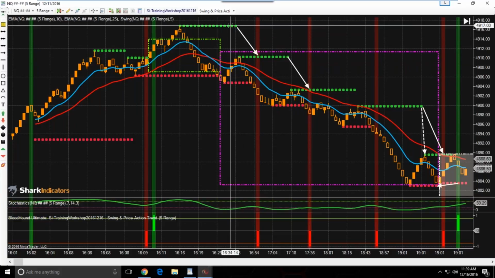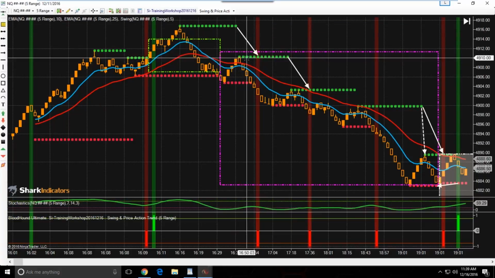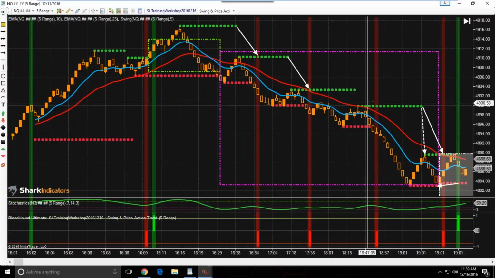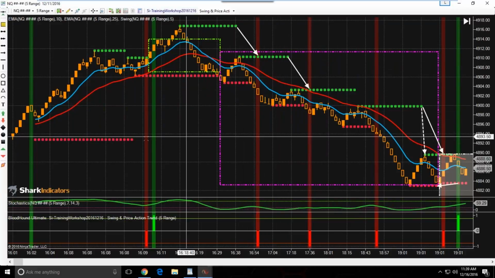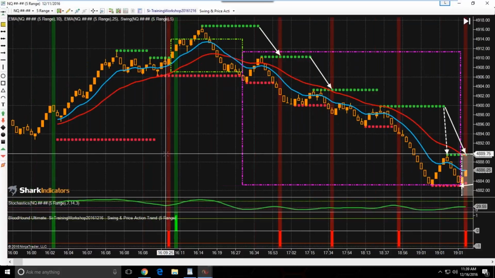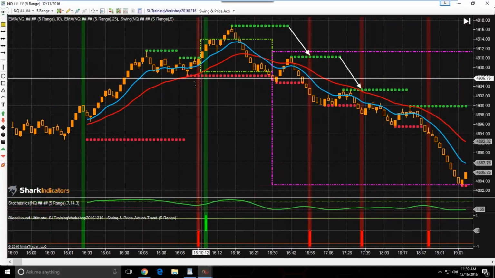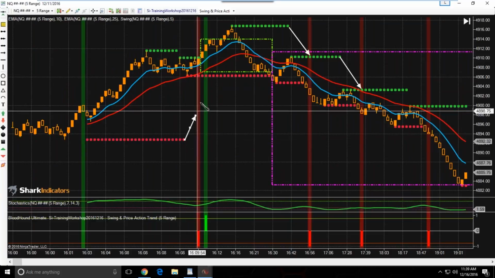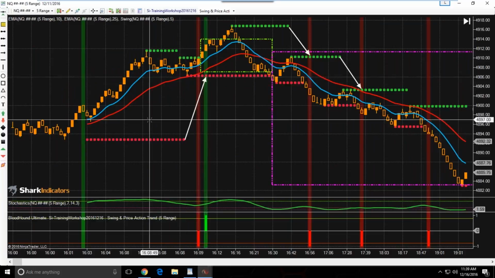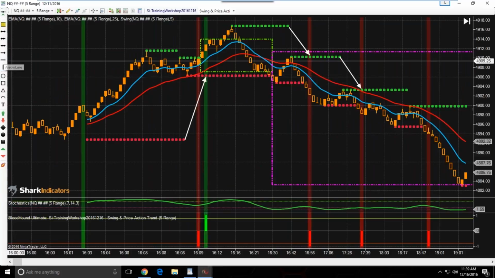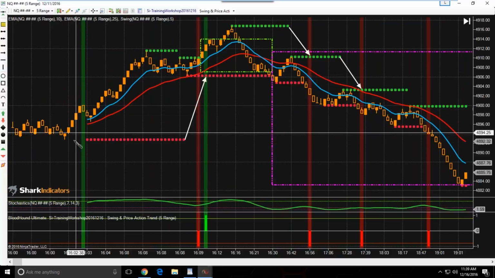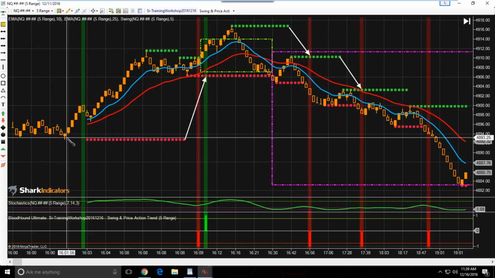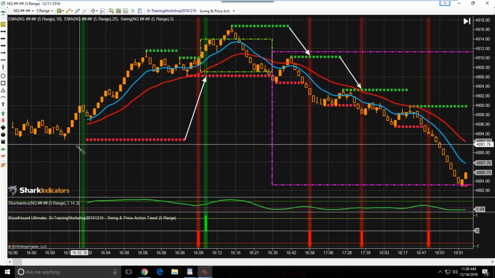Right, we have all these lower highs identified, lower highs identified, right? And we also have higher lows identified as well. There we go. There's a higher low, and let's see. Yeah. Interesting.